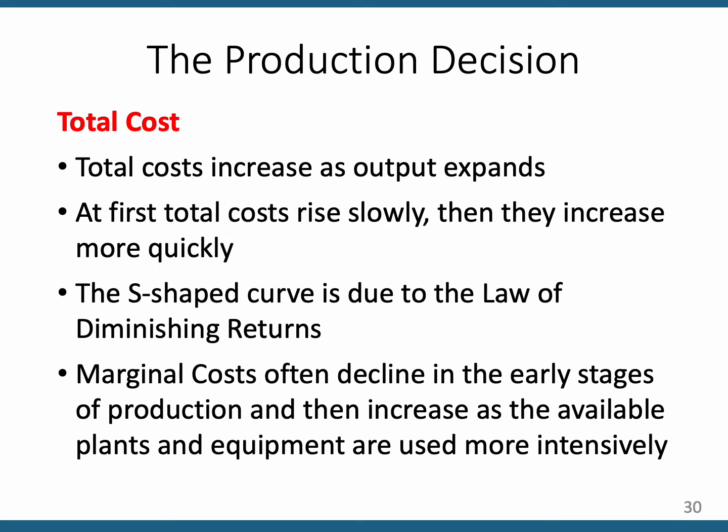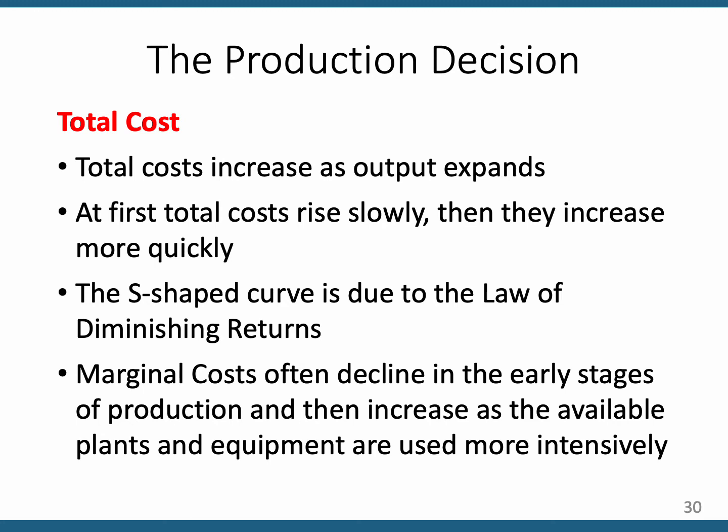Do you remember total cost from chapter 7? What total cost looks like? It's this S-shaped curve. First of all, it goes uphill, right? Because total cost increases as Q increases. As you go left to right on the graph, Q is increasing. The number that you're selling per day goes up.